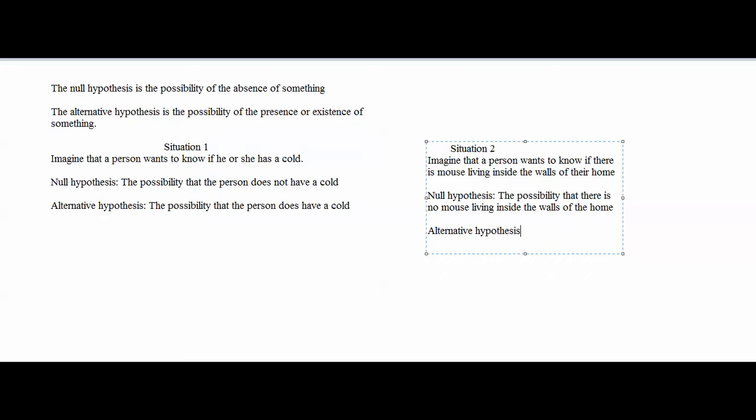The alternative hypothesis is the opposite possibility. It's the possibility that there is a mouse inside the walls of the home. Remember that the alternative hypothesis is the possibility of the presence or the existence of something. So in this situation, the alternative hypothesis is a possibility that the mouse is there.